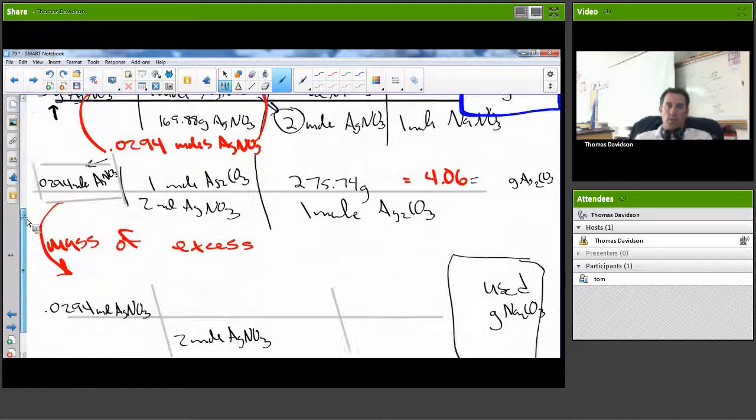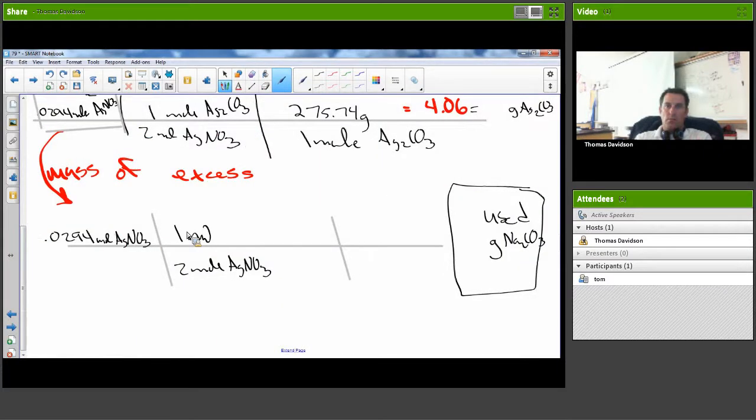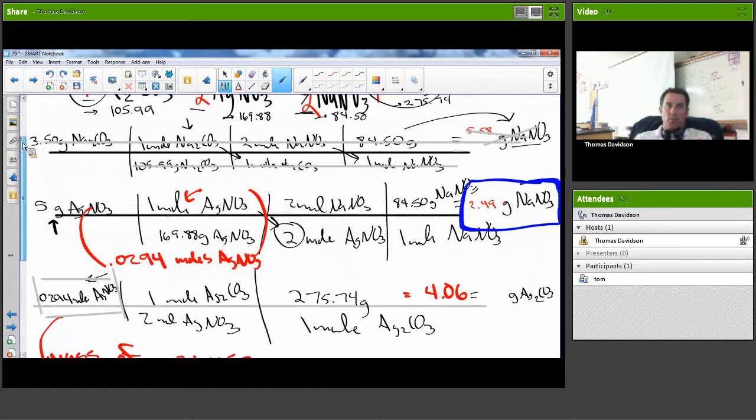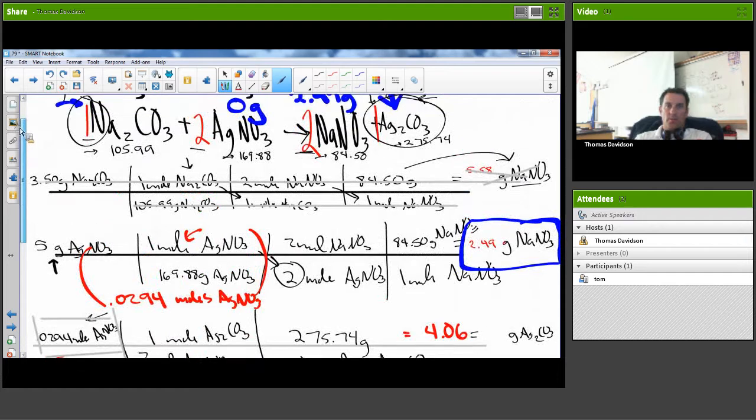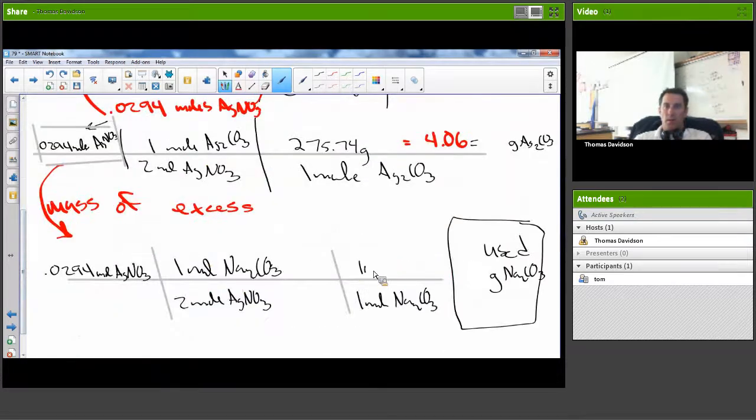So there's a 1 on top. For every 1 mole Na2CO3, I found that mass, and it was 105.99. Okay, do some math.